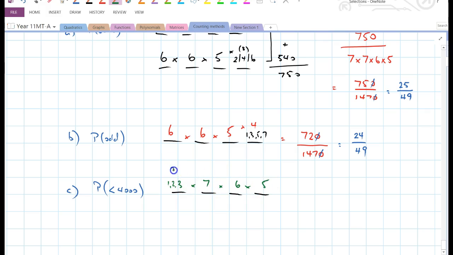So this is 3 times 7 times 6 times 5, which gives me 630. Again, over 1,470. I'll pause to check the calculation, and we get 63 over 147, or 3 dividing by 21 sevenths.